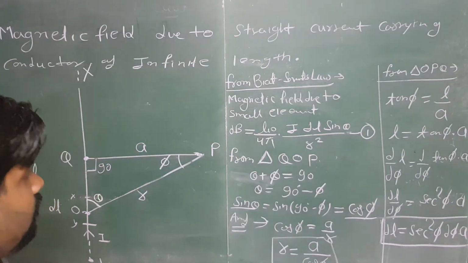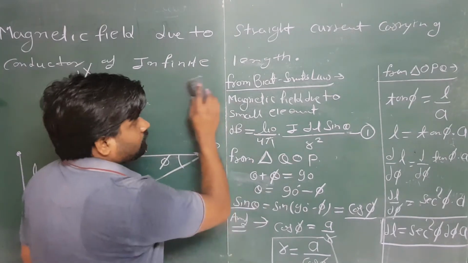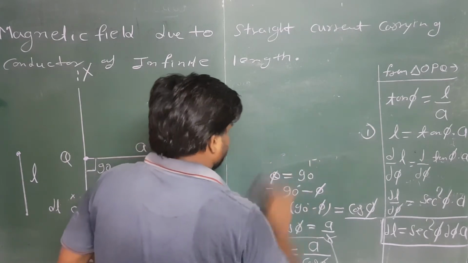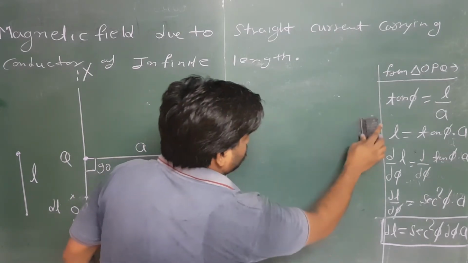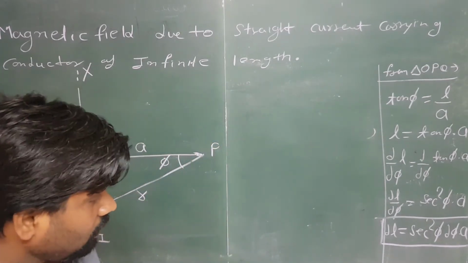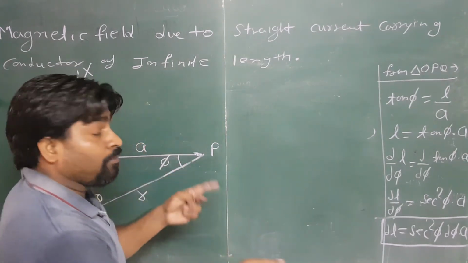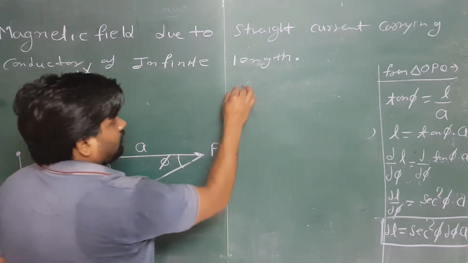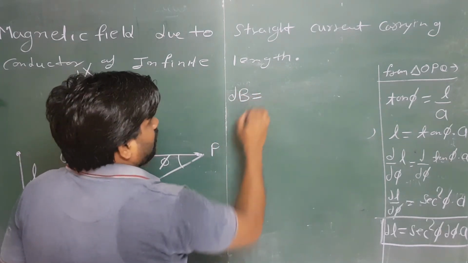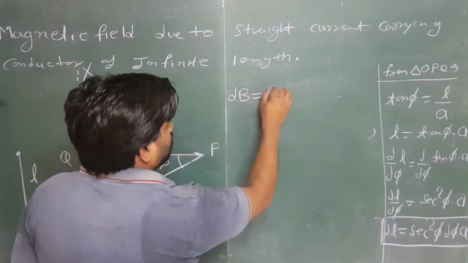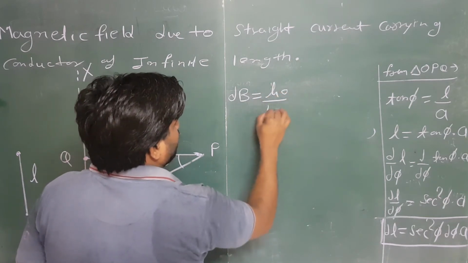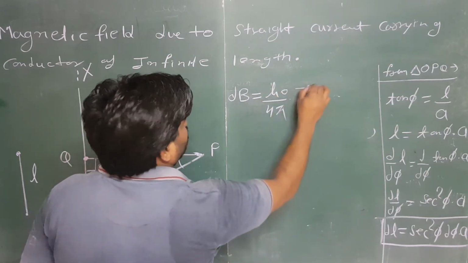I am erasing again. Okay. So dl is equal to sec square phi d phi dot A. So you should carry these parameters and put them in the first equation. Then dB is equal to mu 0 by 4 pi, dot I will not change.